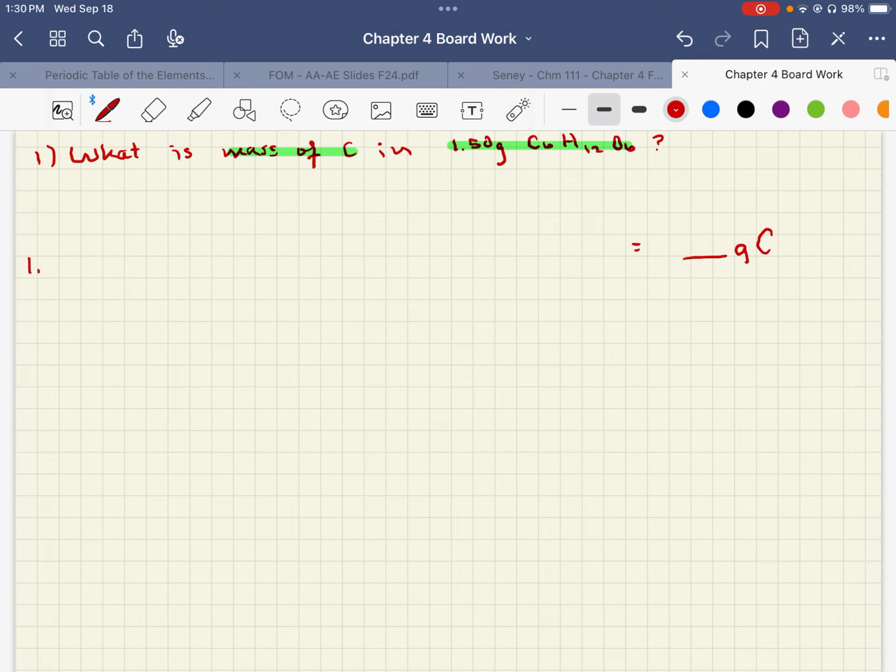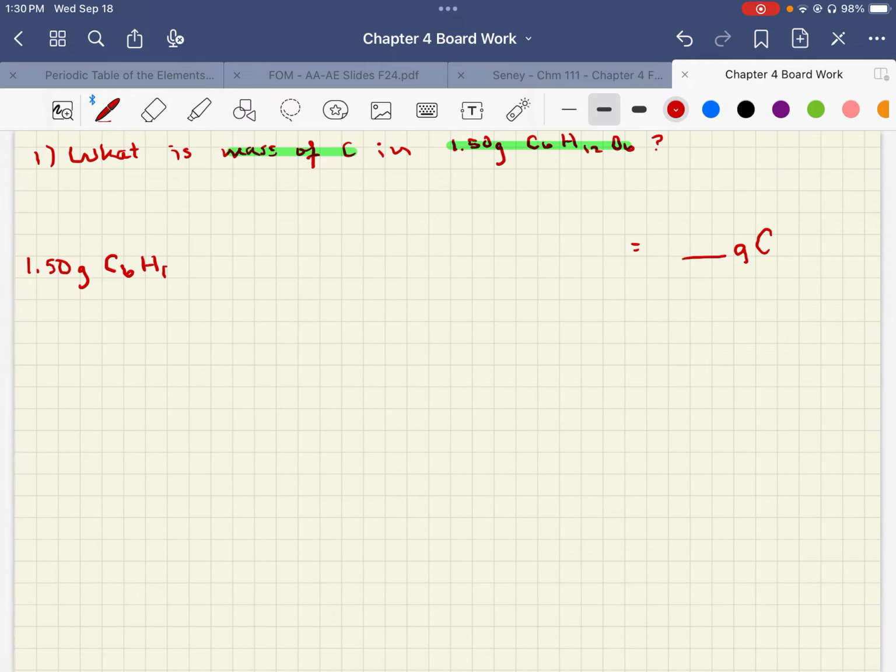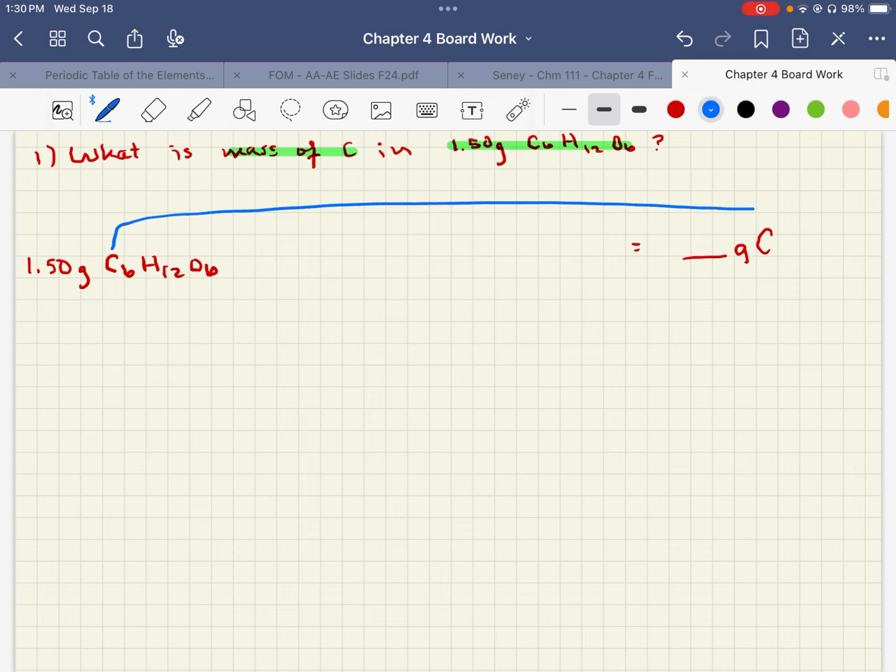So we start over here with 1.50 grams of C6H12O6. In order to get from C6H12O6 to carbon, if we want to compare the carbon in the molecule to the carbon at the end, we always have to be in moles.